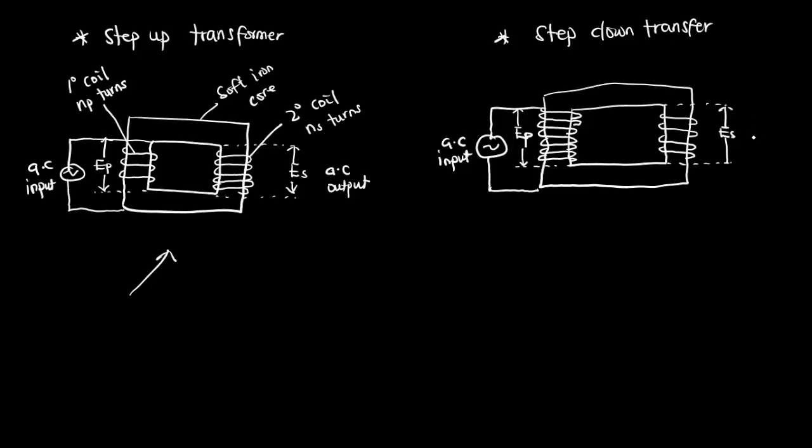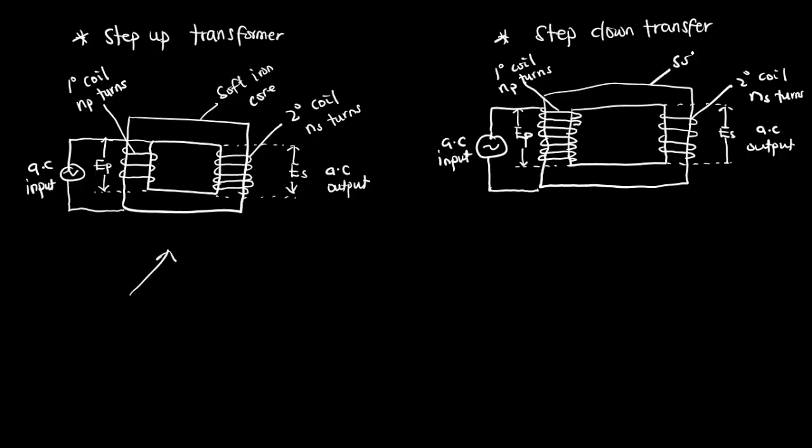And this is also our AC output. These are obviously our secondary coil, and these are obviously our primary coil. Now our primary coil has NP turns, and then our secondary coil has NS turns.